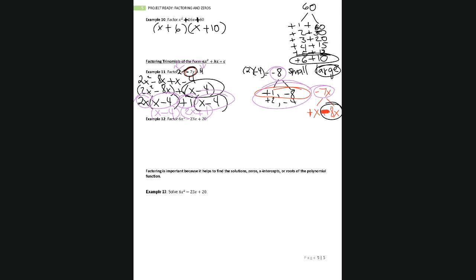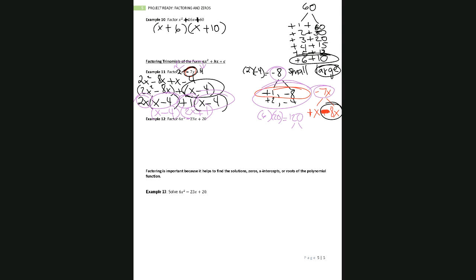Now for the next one, we do have 6 times 20. That will be +120. However, we're trying to find numbers, factors of 120.